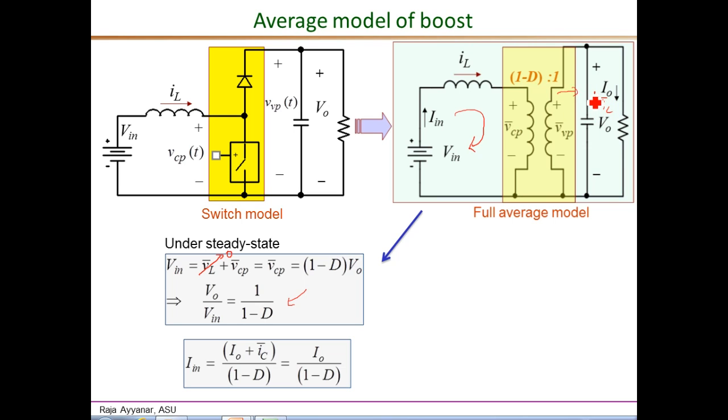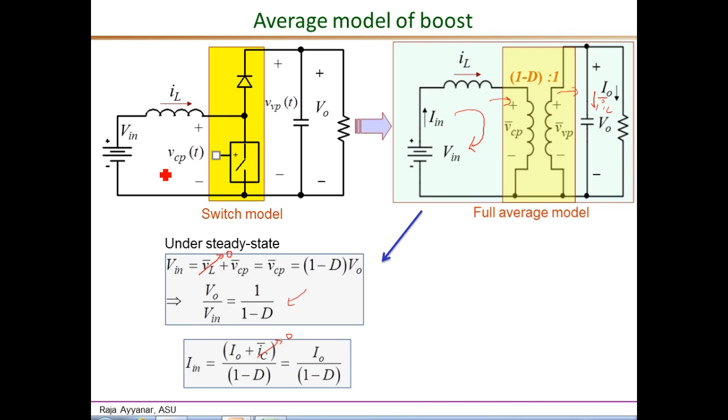The current leaving the secondary is IC bar plus IO, as shown here, and that divided by 1 minus D is the current entering the winding here, which is the same as IN. So IN is IO plus IC bar over 1 minus D. In steady state, IC bar is 0, leading to IN equal to IO over 1 minus D. Again, exactly the same as what we derived earlier from the switch model.